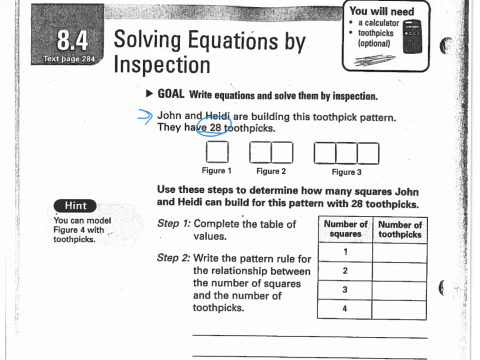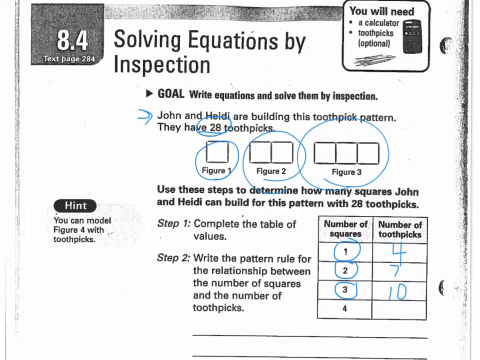First, we're going to complete the table. In the first figure, there is one square. We have 4 toothpicks. In figure 2, we have 2 squares. We have 7 toothpicks. In figure 3, we have 3 squares, and we have 10 toothpicks.